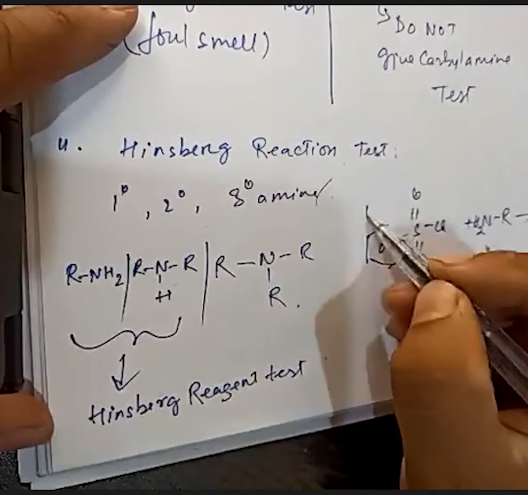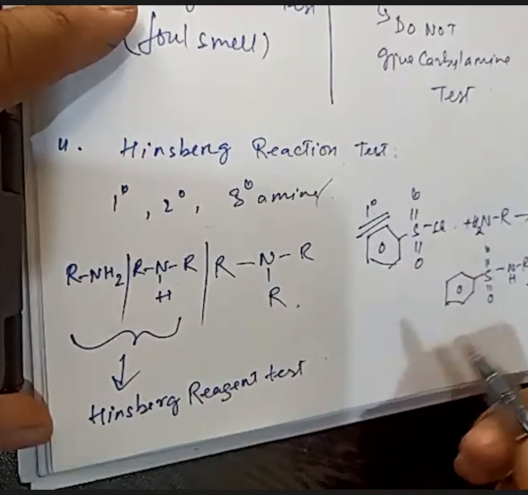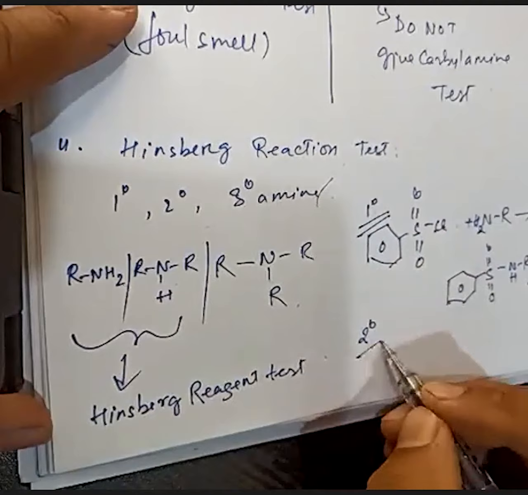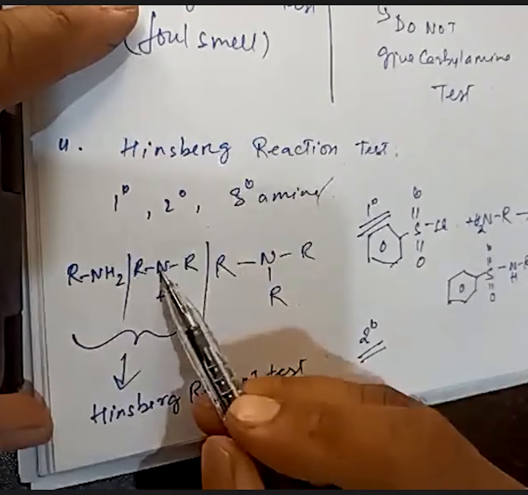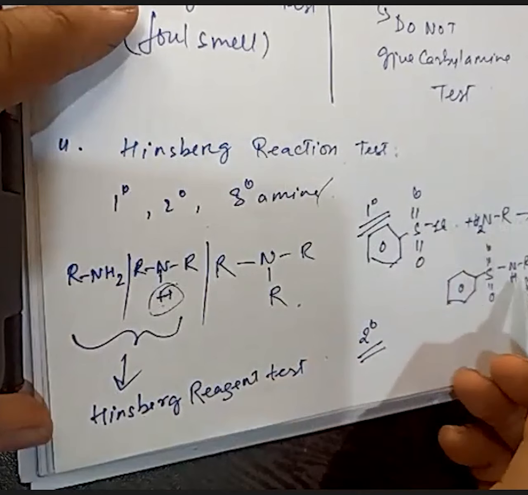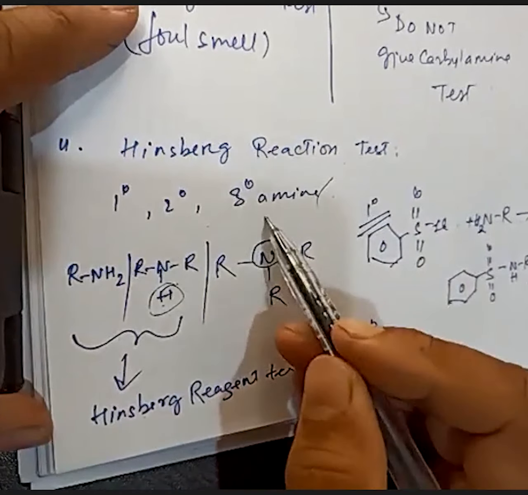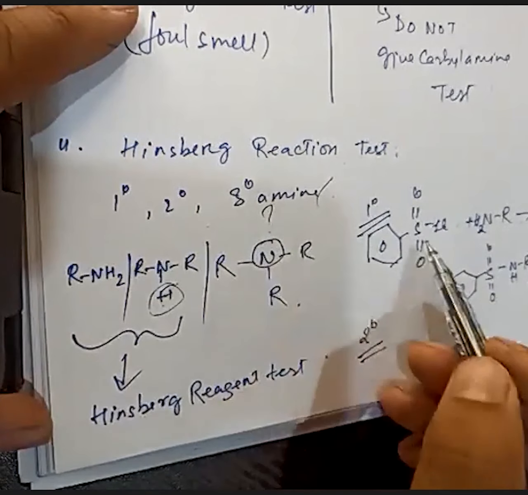So a 1 degree amine gives this test because it has a hydrogen which reacts with the Cl. In fact, a 2 degree amine also gives this test because it also has a hydrogen which reacts with the Cl and they are joined together. But a 3 degree amine, this nitrogen does not have any hydrogen. So that's why this reaction does not occur.